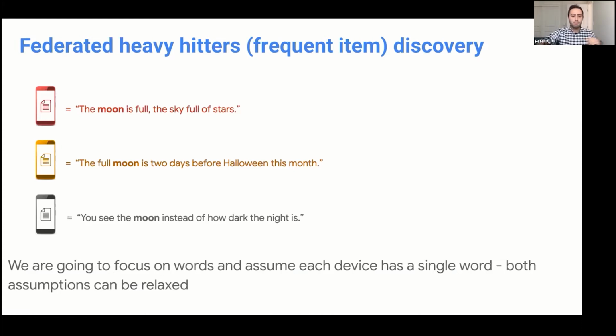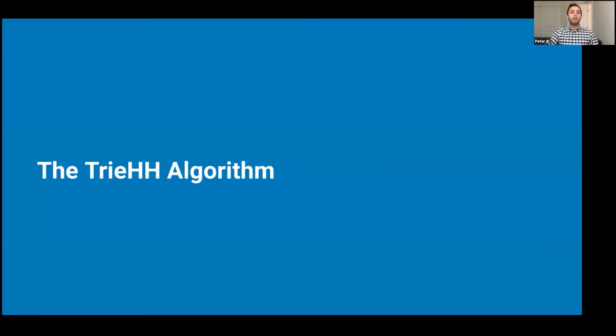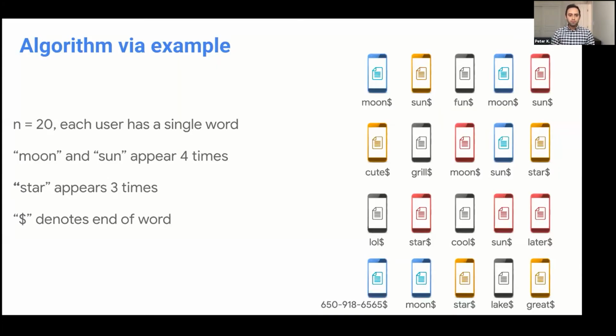All right, so the best way to explain our algorithm and to present to you how we're going to go about solving this is to show you an example of how it works, and hopefully you'll get it very quickly. But I'm happy to also take questions after the talk to better explain concepts that may have been misunderstood. So here's the algorithm via example.